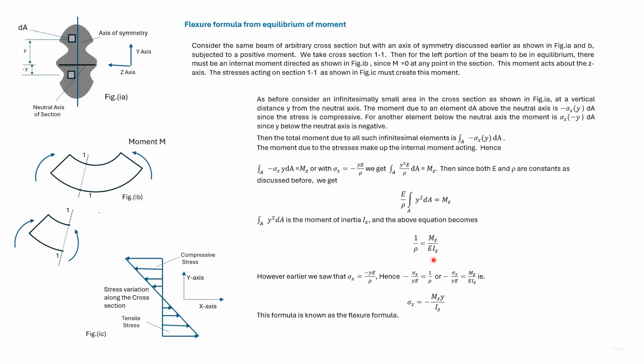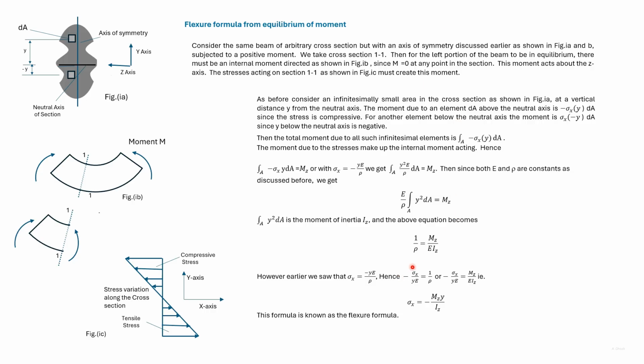So we can write the inverse of the radius of curvature in terms of the moment Mz and the moment of inertia Iz as shown here. However, earlier we got the stress sigma x in terms of the inverse of the radius of curvature as given by this expression.